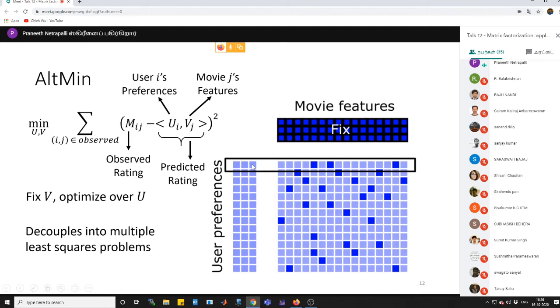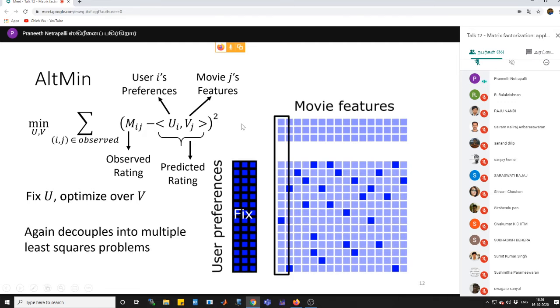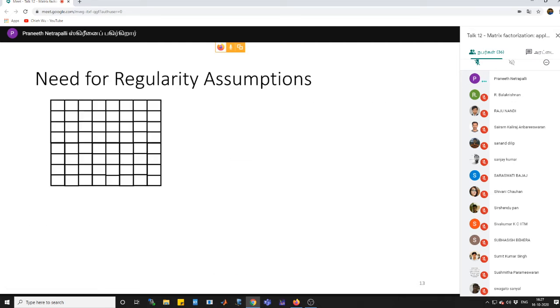All of them together give you an optimization problem determining the values here, and this is decoupled from the optimization problem you have for the second row and so on. So this basically decouples into multiple least squares problems, which we can solve either exactly or using iterative algorithms. Okay. In the next iteration, we fix the user preferences U again and then minimize over the V matrix. So this again decouples into multiple least squares problems. Okay.